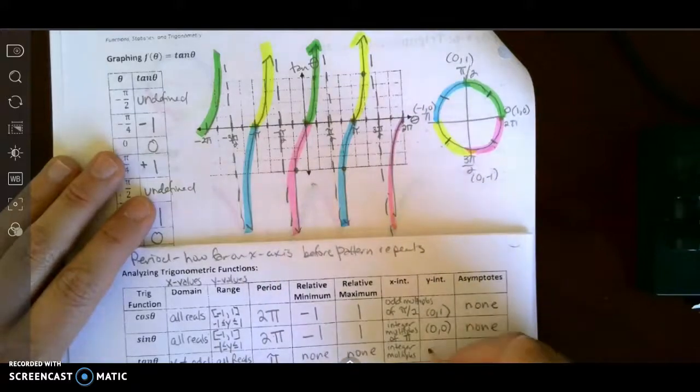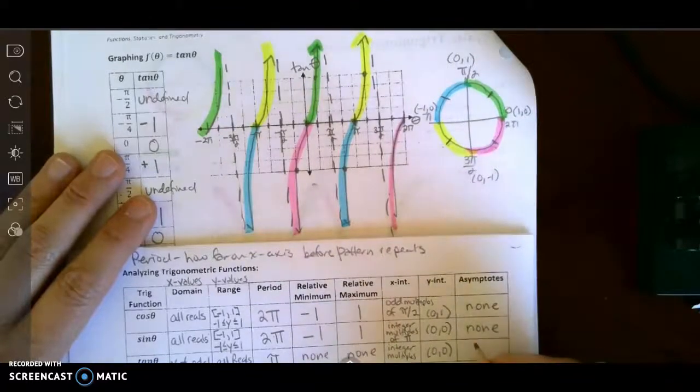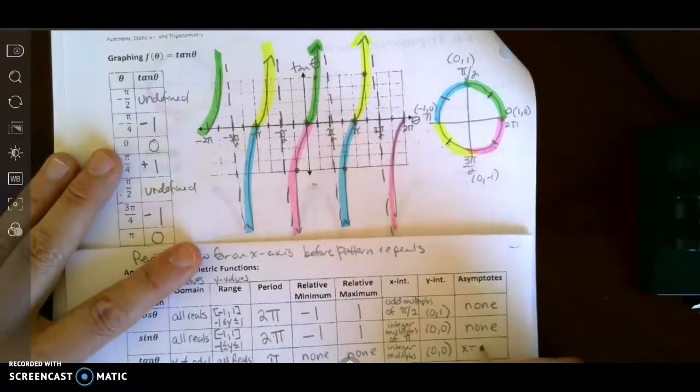And my y-intercept is 0, 0. Asymptotes are at x equals the odd multiples of pi over 2.